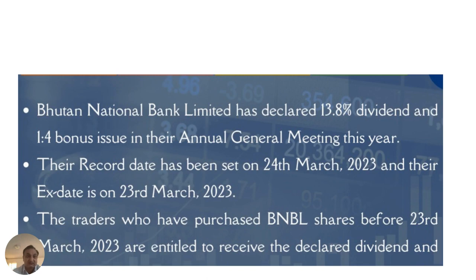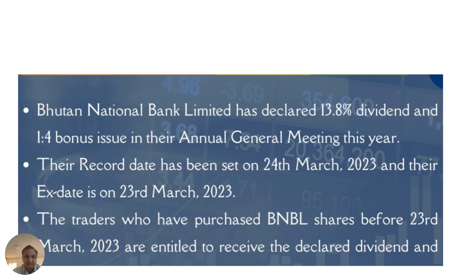If they have announced that the record date is set at 24th March, and you think you'll buy on 23rd and get the profit, no, you have to buy at least on 22nd or earlier, at least 2 working days before the record date. And ex date is 23rd March. What does that mean? Ex-dividend date is 23rd March. So if you buy on 23rd, you will not get any benefit.